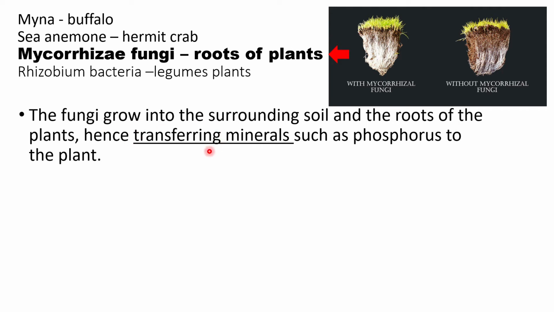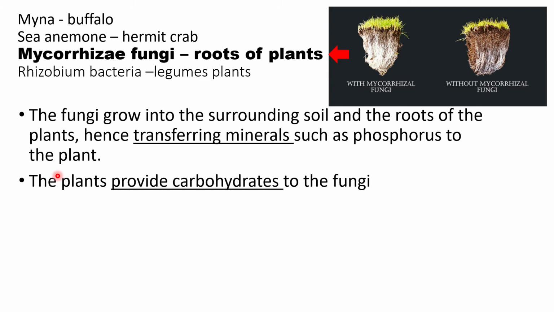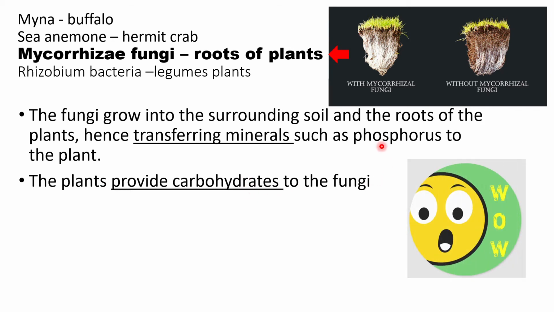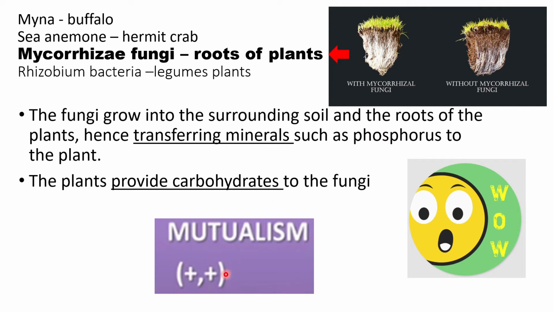Therefore, they are transferring minerals such as phosphorus to the plant. Memberi kebaikan kepada tumbuhan tersebut, the roots of the plants. Whereas in return the plants are providing carbohydrates to the fungi. Jadi sekali lagi kita lihat hubungan ini mendatangkan kebaikan kepada dua-dua pihak.